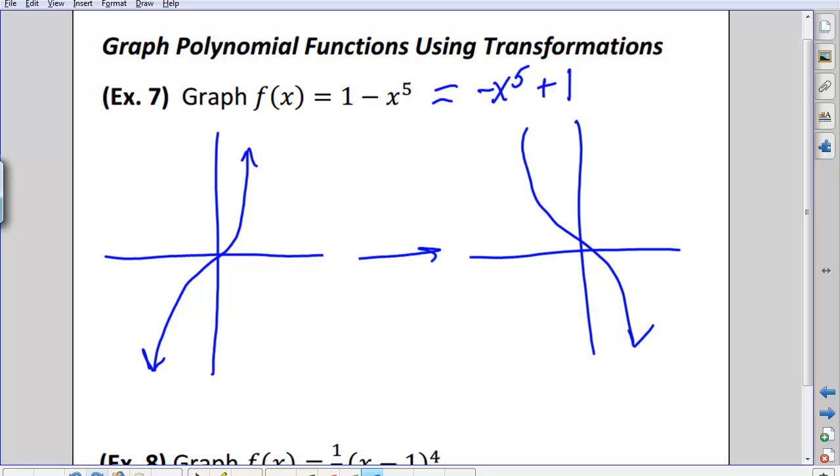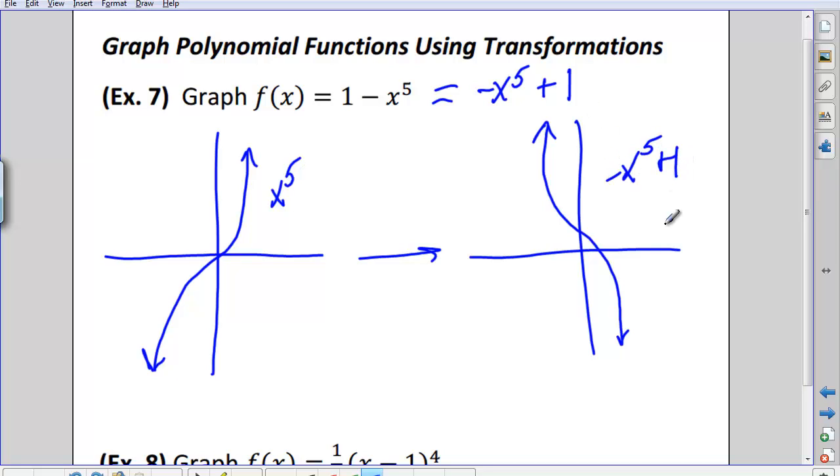We also have the +1, which would be a vertical shift up 1, right? So we're talking something sort of like this. Okay, this is x to the 5th. Here this is negative x to the 5th plus 1. Okay, we have a reflection about the x-axis and then also a vertical shift up 1.